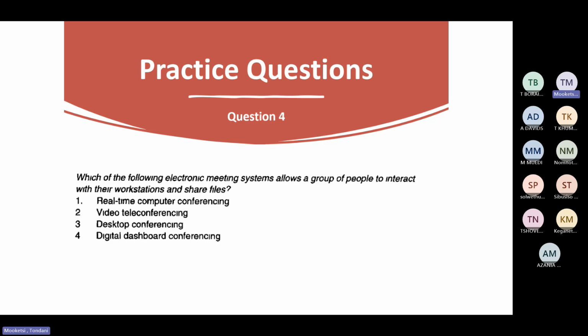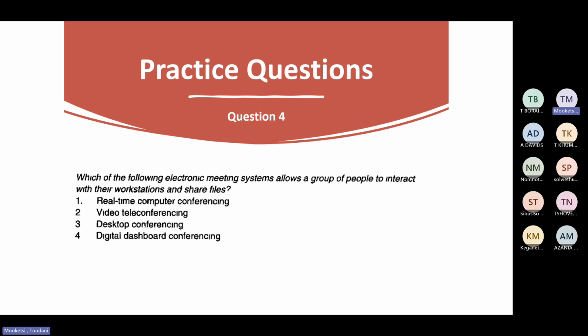So question 4 is asking about groupware. Which of the following electronic meeting systems allows a group of people to interact with their workstations and share files? What is the answer here?